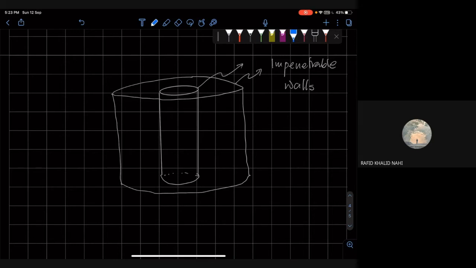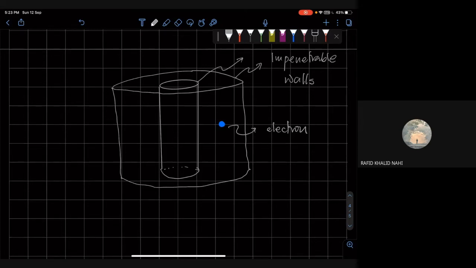And now suppose I put an electron in between the inner and the outer cylinders, okay? So this is an electron, a quantum mechanical particle. Is the setting clear? Okay.